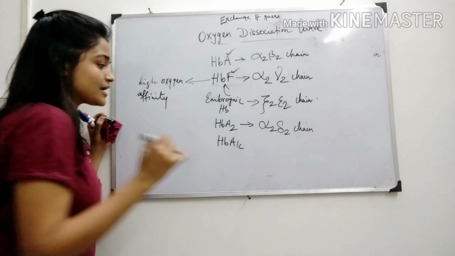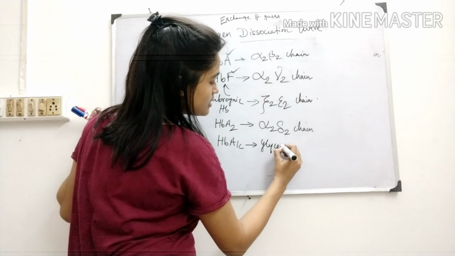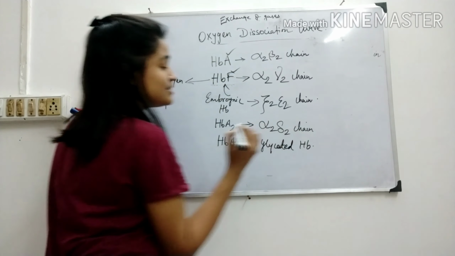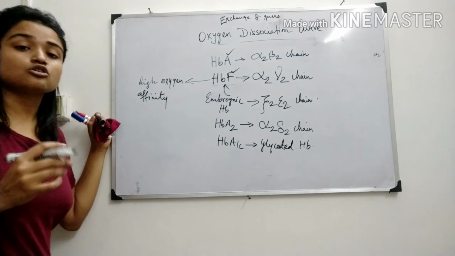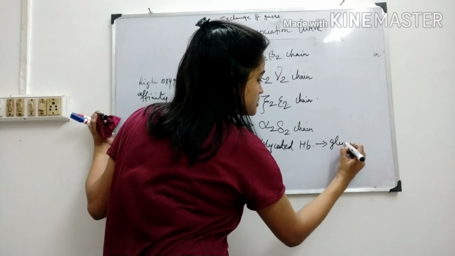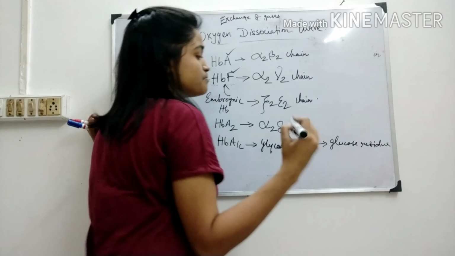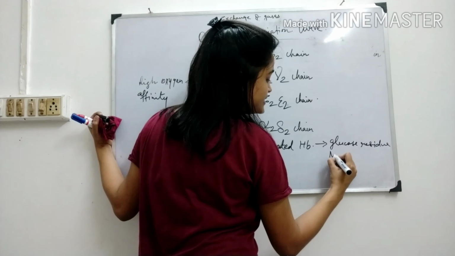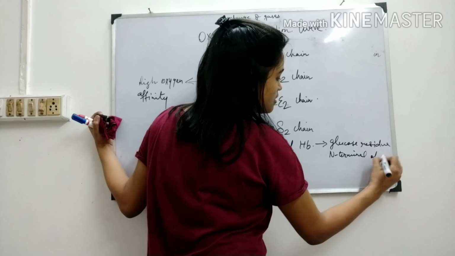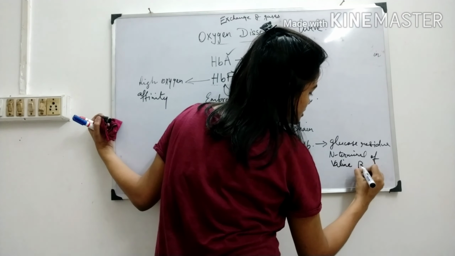Another one is HbA1c. This is actually glycated hemoglobin. That means a hexose, or glucose residue, is bound to the N terminal of valine in the beta chain.